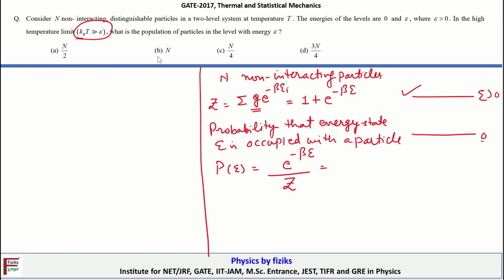That is equal to exponential minus beta E upon 1 plus exponential minus beta E.